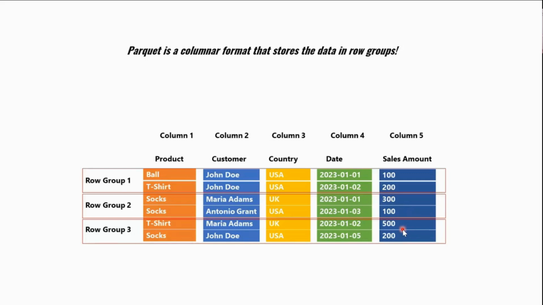Okay. So any questions before we proceed ahead? Now, unlike the traditional row-based file formats like Excel, CSV, or the JSON files, wherein you can open the file from your local system and analyze, column-based file formats like Parquet cannot be opened and analyzed. You need some tools or coding language to actually read those files.